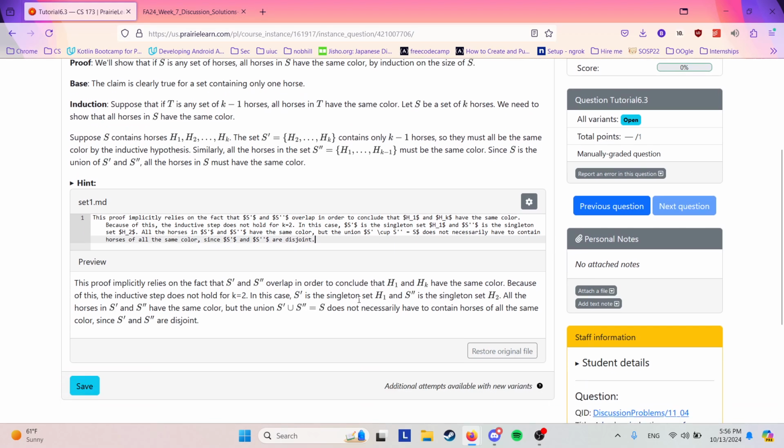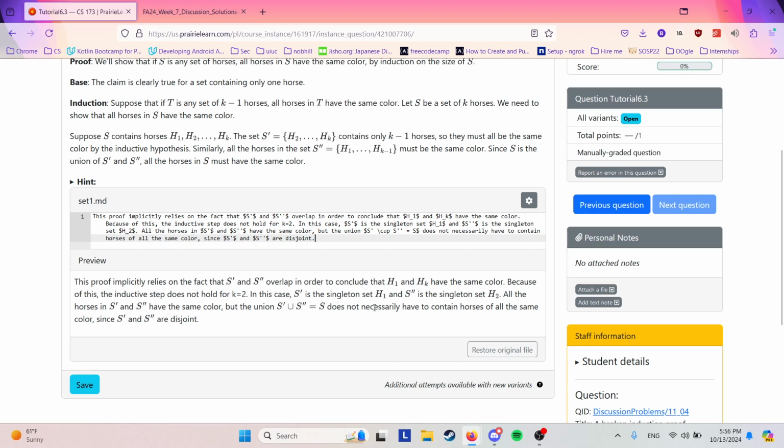If you wanted to be specific, say h1 has color red and h2 has color blue. Then all the horses in S prime have color red, and all the horses in S double prime have color blue. And their union, which is S, obviously doesn't have all horses the same color, because there are two horses that have different colors.